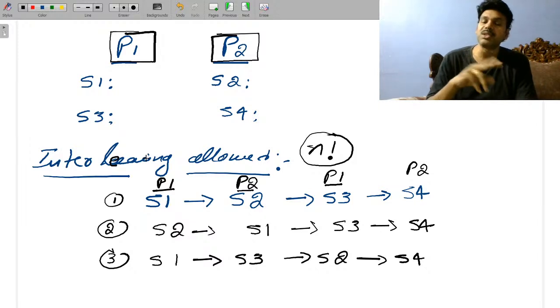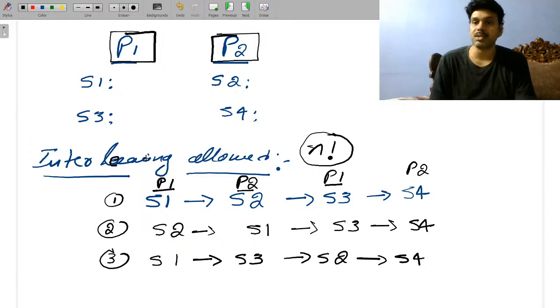Because of this preemption, your resource is going to be shared among the processes, and the processes or threads can execute concurrently to access that resource. That is the concept of concurrent execution.